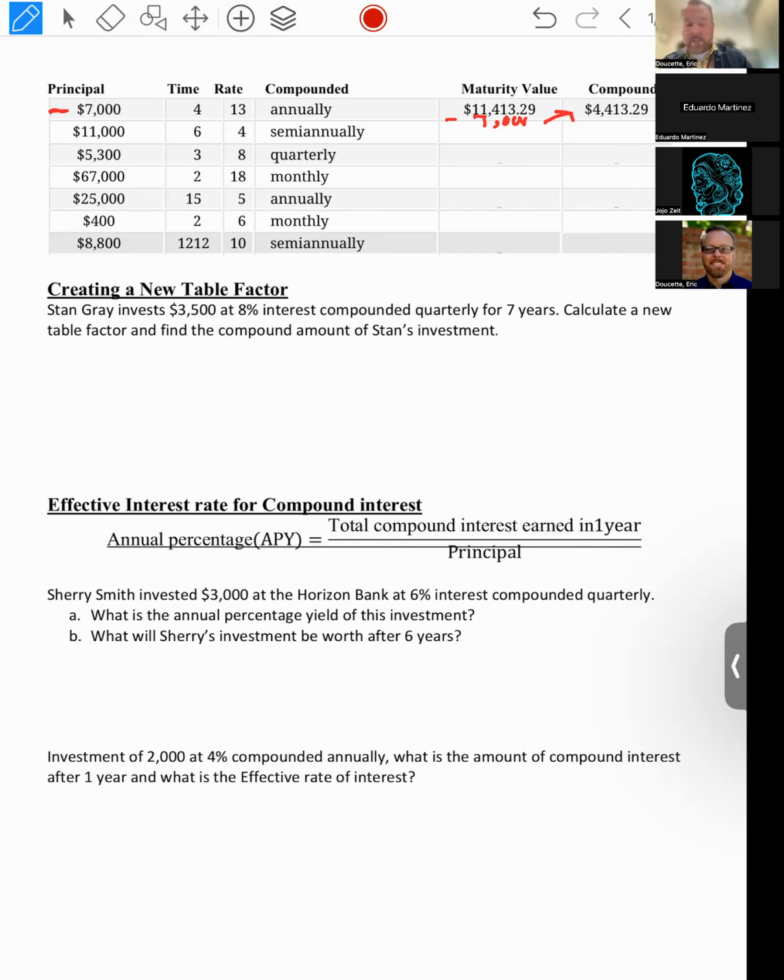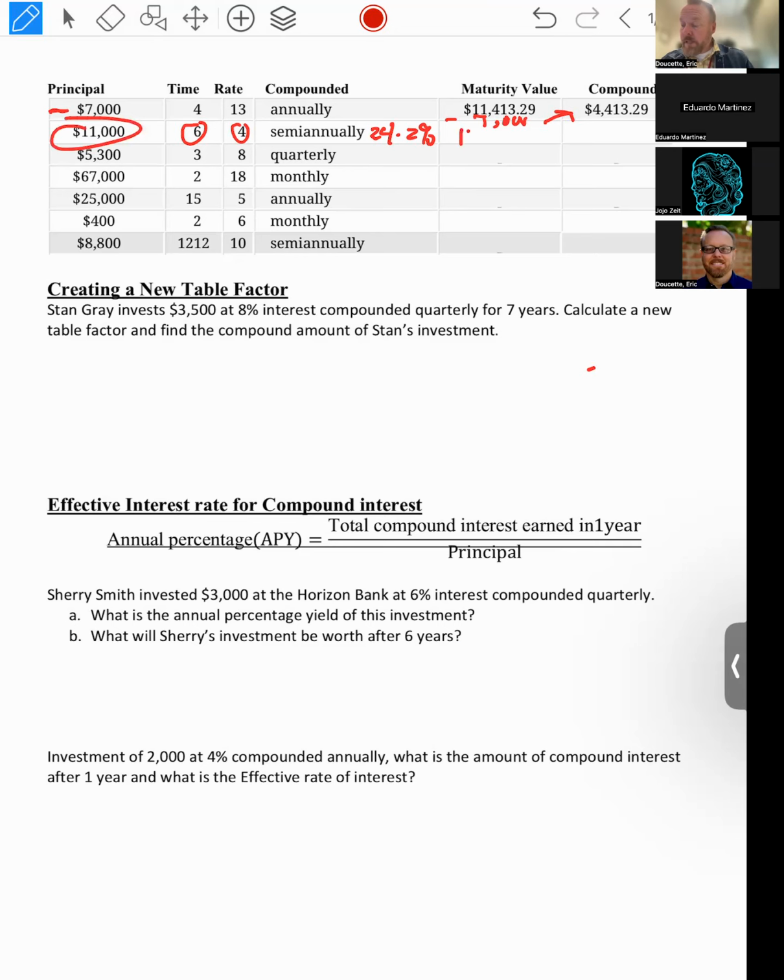This one says it's 6 years, compounded semi-annually, at 4% interest, the second one. Semi-annually, 6 years, I think it comes out to 24 times. And then the interest rate's also semi-annually, divided by 2, so it's 2%. So I'd go to the table, find the table factor for that, and multiply the table factor by 11,000.